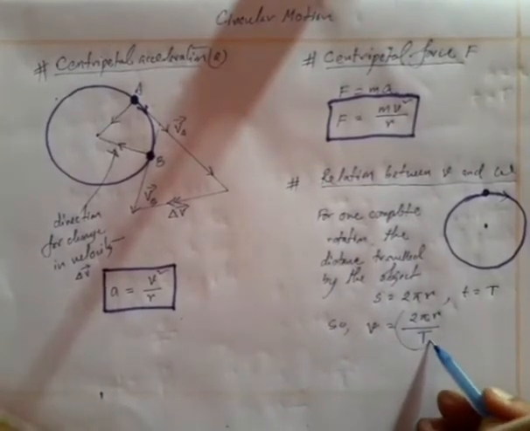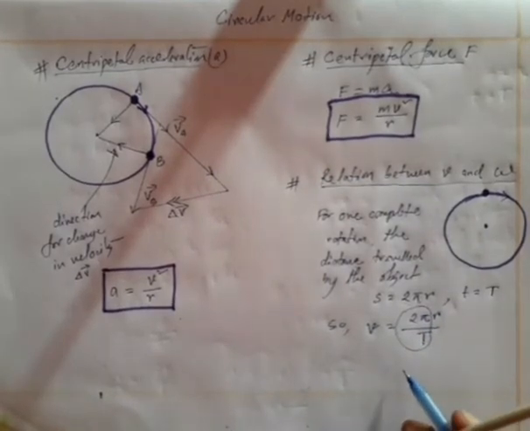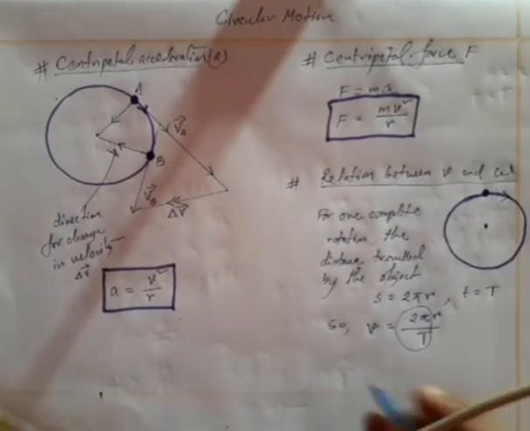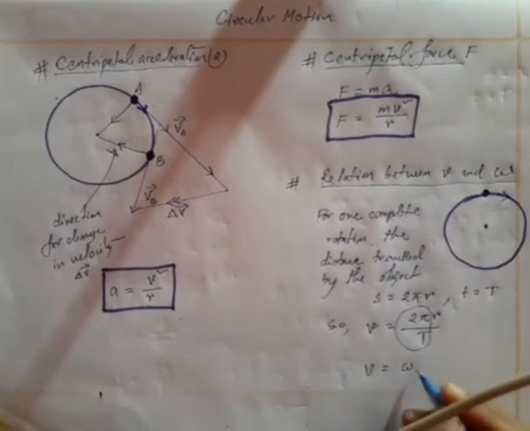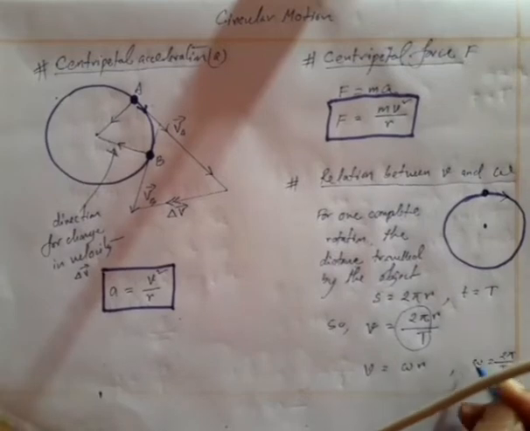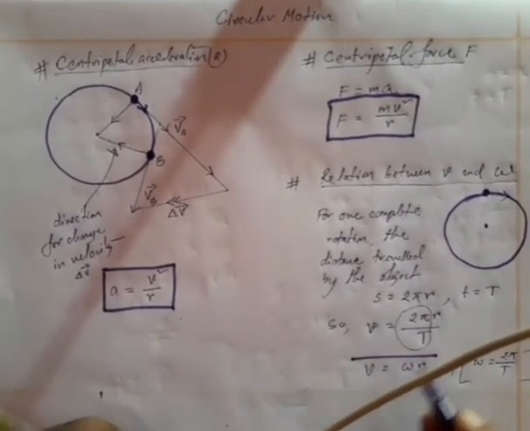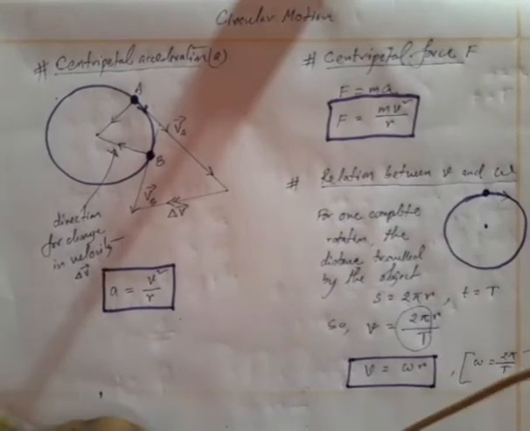Now you know 2 pi by T, this is what? It was angular velocity omega. So we will replace this value by omega and we get the new formula v equals omega r. This is the relationship between linear velocity and angular velocity.